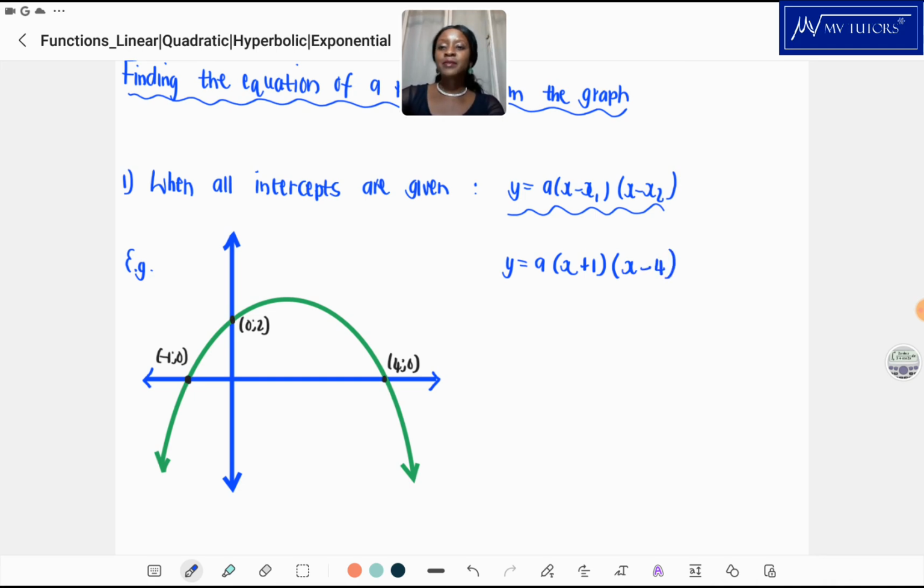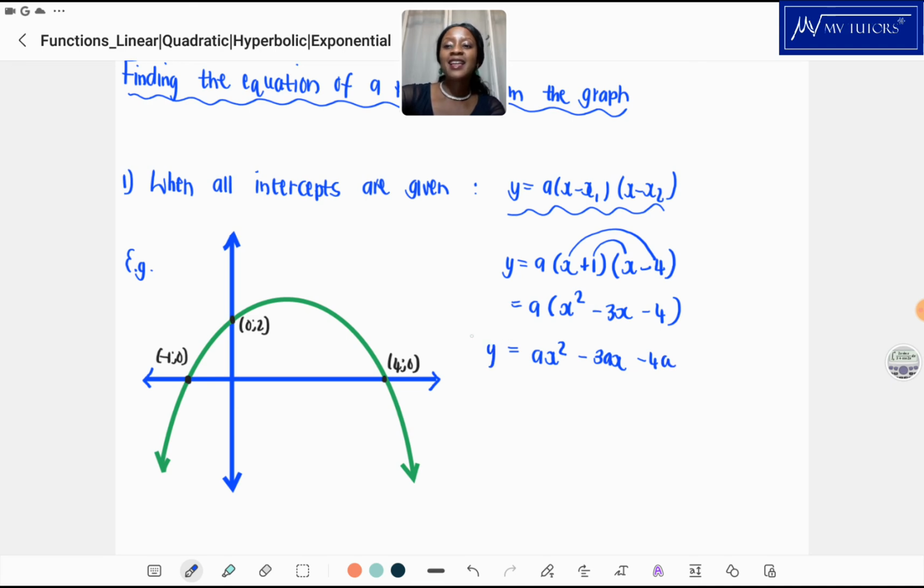Then I'm just going to multiply that out and multiply the a in. I'm going to have x squared plus 1x minus 4x, which gives negative 3x, and then minus 4. Then multiplying in the a: ax squared, minus 3ax, and then minus 4a.